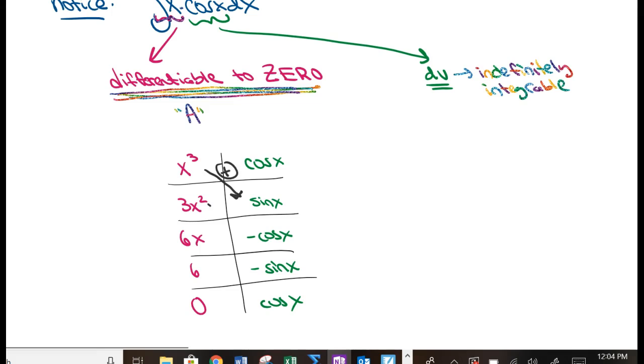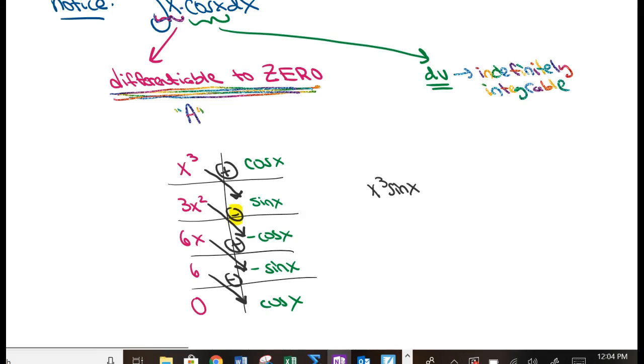Positive. Negative. Positive. Negative. What those arrows mean is the following. Positive 1 times x cubed sine x equals positive x cubed sine x.